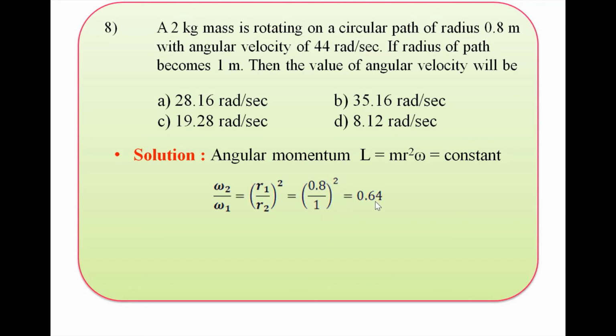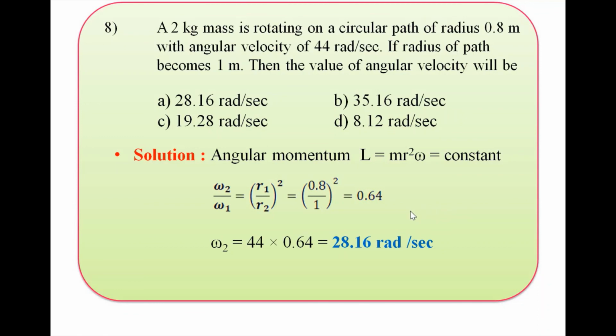Squaring this term, we get 0.64. So omega 2 is equal to 44 into 0.64. Simple multiplication gives the final answer 28.16 radian per second. So here option A is correct.